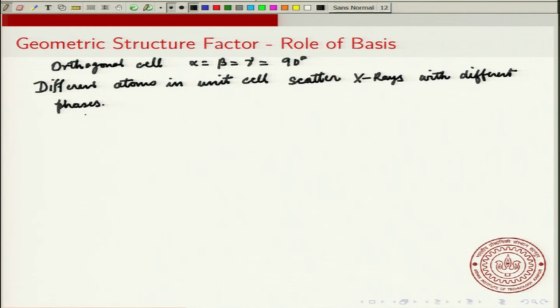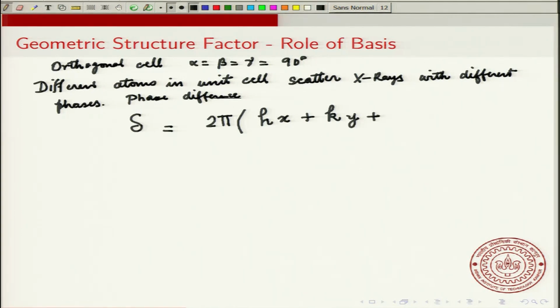Here we are talking about the phase difference between the X-rays scattered by different atoms of a unit cell, and this phase difference delta is given by this expression, 2 pi times h times x plus k times y plus L times z. x, y and z are the coordinates of the atom within the unit cell.